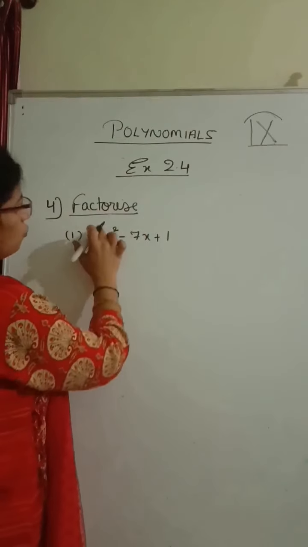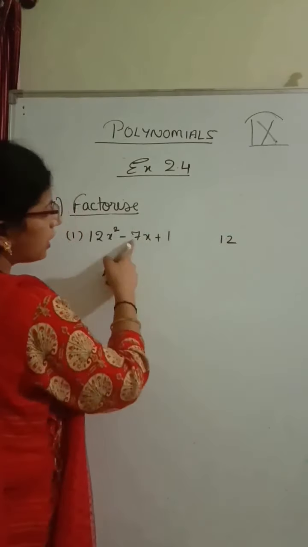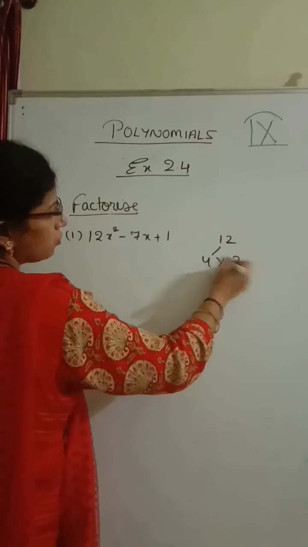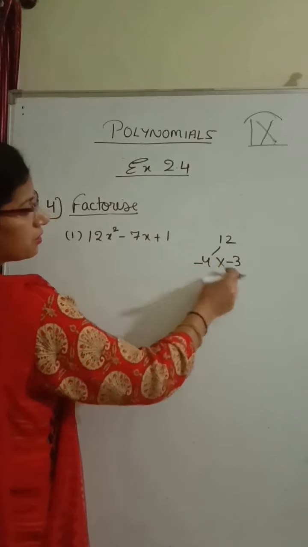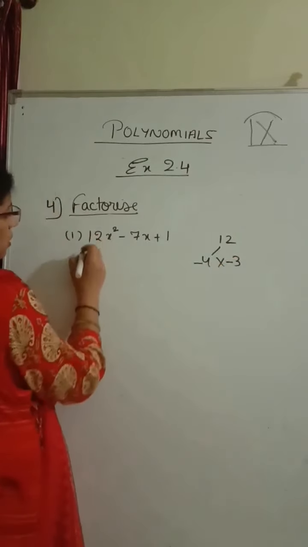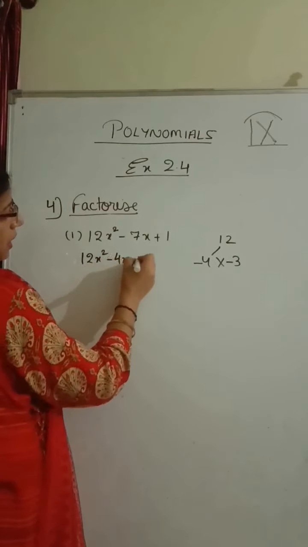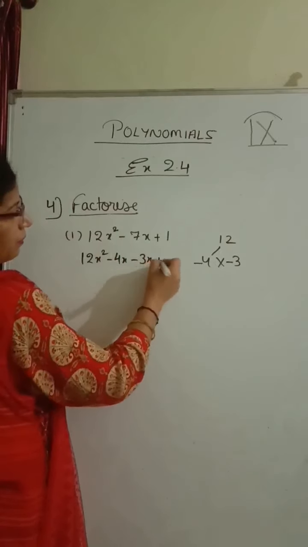Factor ही करना है. तो 12 1 जा 12, ऐसे ही तो करते हैं. तो 12 को हमें ऐसे ब्रेक करना है कि प्लस और माइनस करके -7 आ जाए. So 4 3 जा 12 कर सकते हैं, बट वी वांट -7, तो -4 -3 दोनों को ऐड कर देंगे, -7 आ जाएगा. सो 12x square minus 4x minus 3x plus 1.